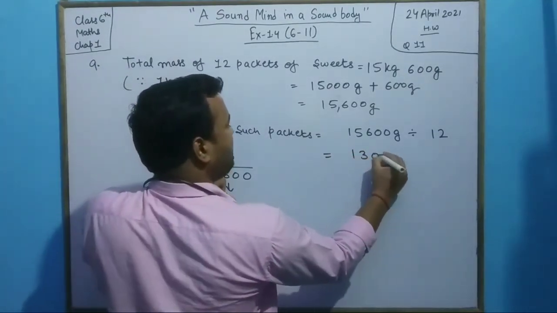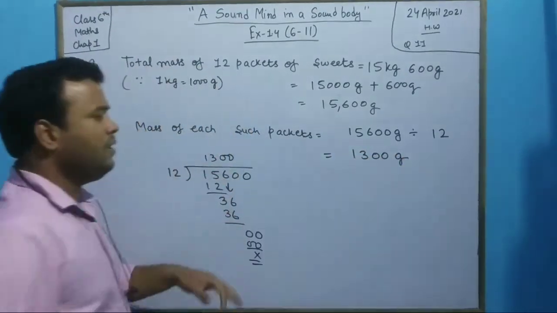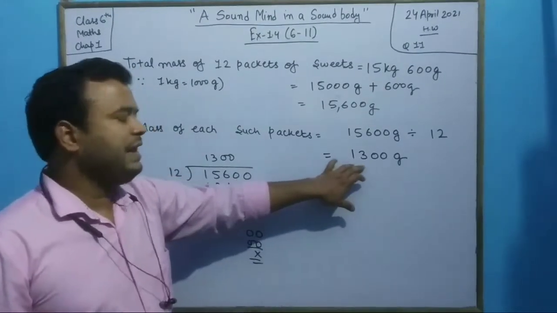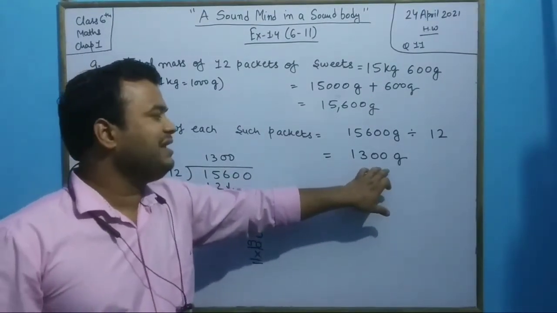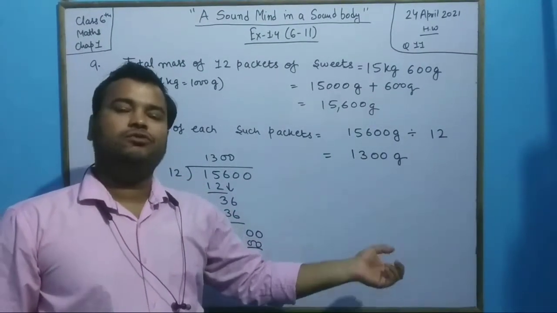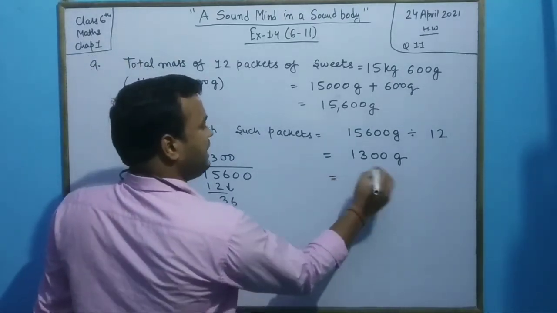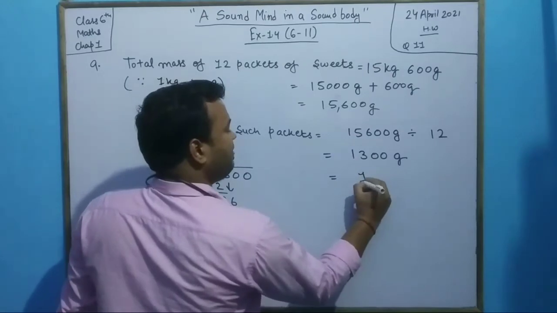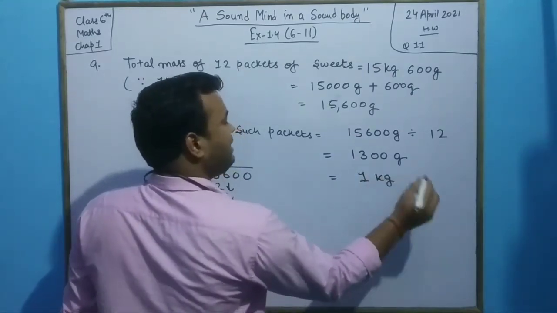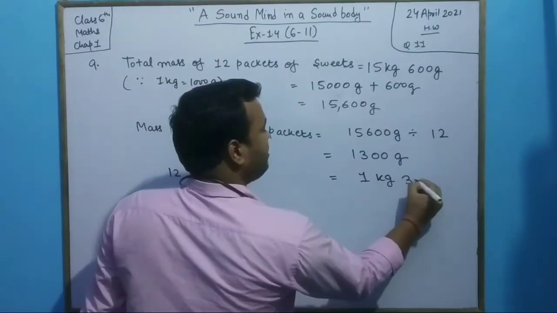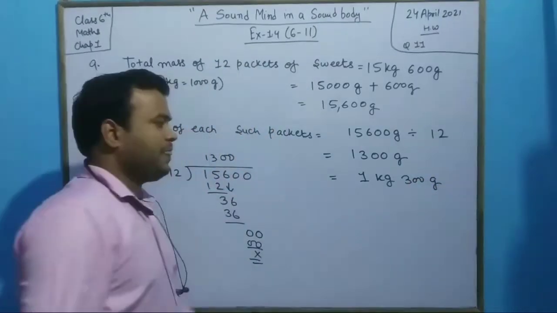It will be 1300 grams. Also, it is in grams, so we can divide this by 1000 to convert it into kg. So it will be 1 kg 300 grams.